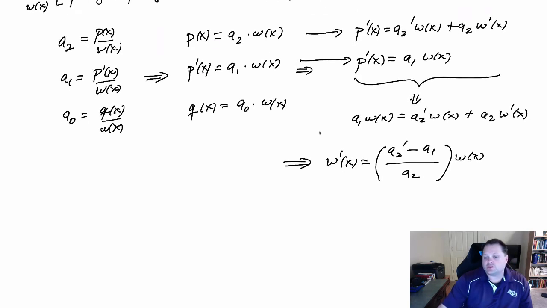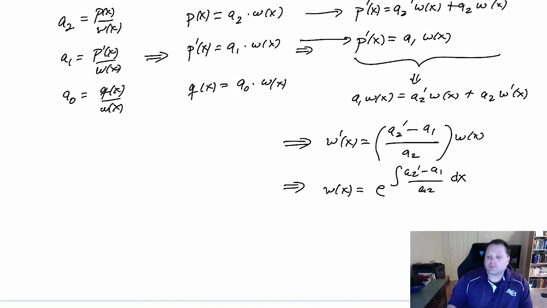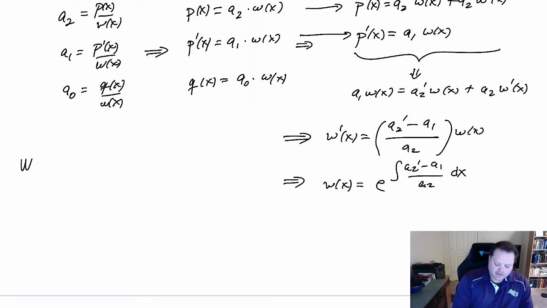And I think you can see where this is going. This is a differential equation in terms of w, which can easily be solved. We've seen this solution many times. So this has the solution e to the integral of whatever this result is. So w of x, let me just rewrite it here.